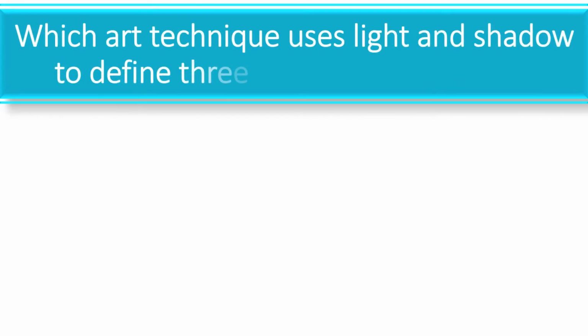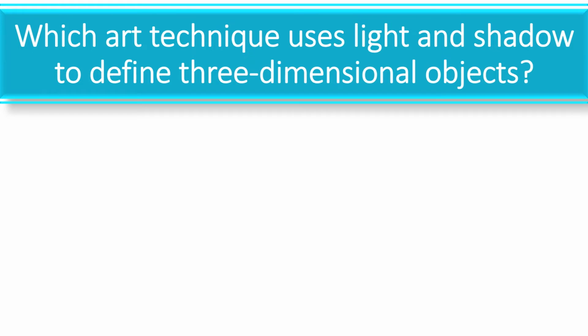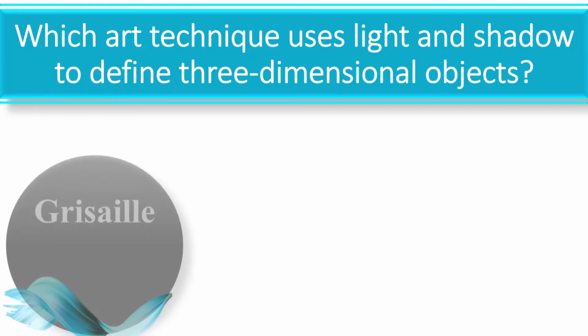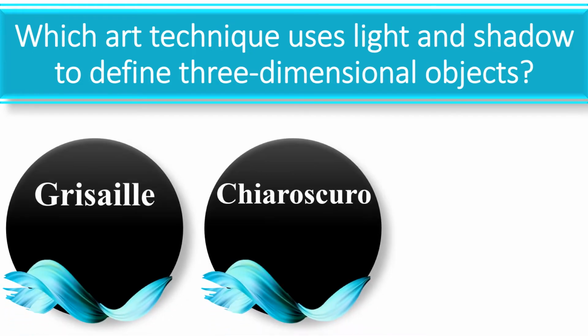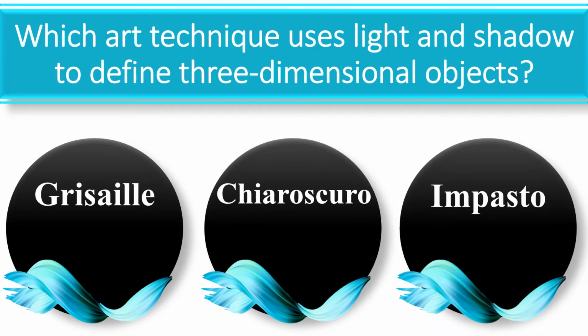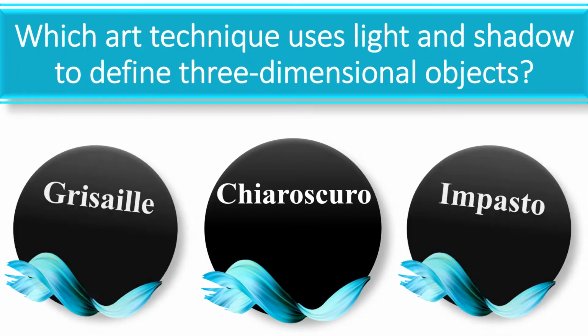Which art technique uses light and shadow to define three-dimensional objects? Grisaille, chiaroscuro, impasto. Chiaroscuro.